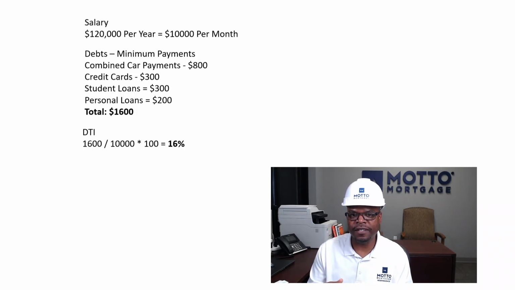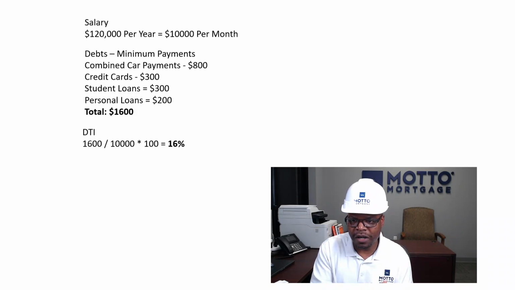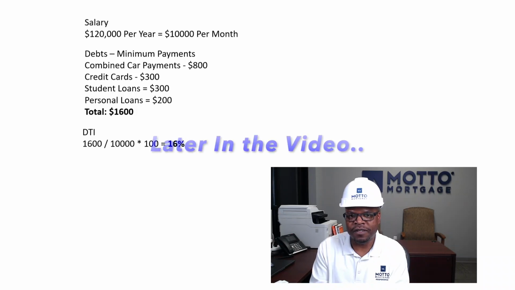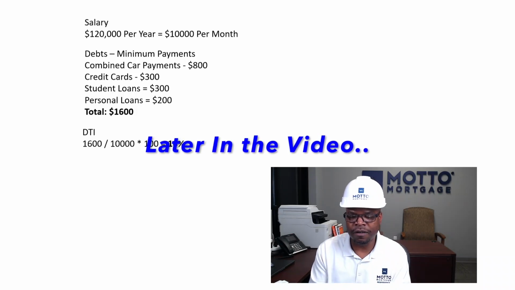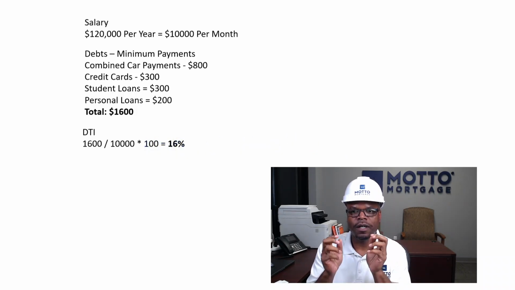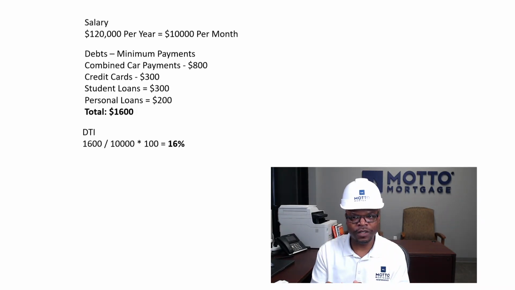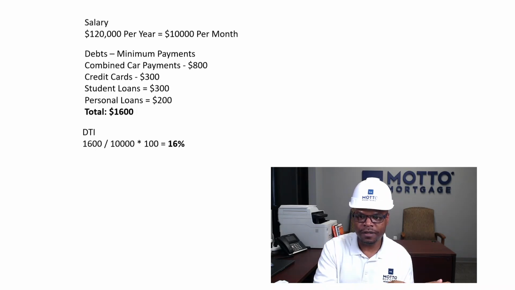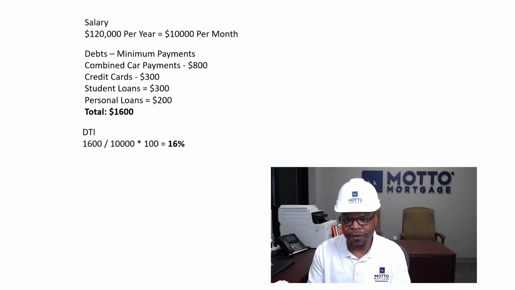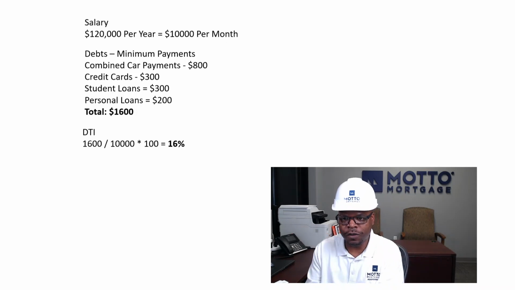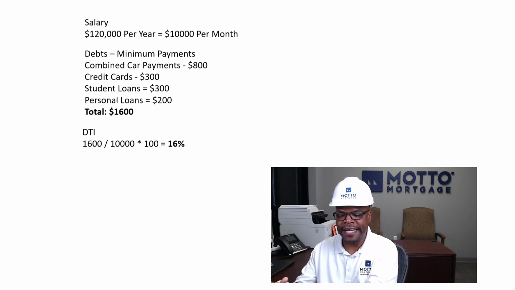So in this case, $1,600 in expenses is 16% of your gross salary, not your net, your gross. So you take the expense, divide it by the salary, multiply it times 100, and you get the DTI. In this case, we get 16%.